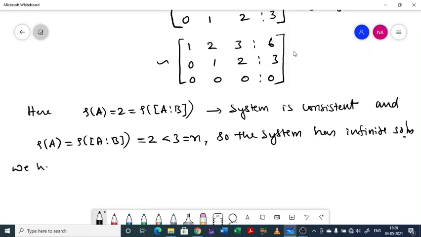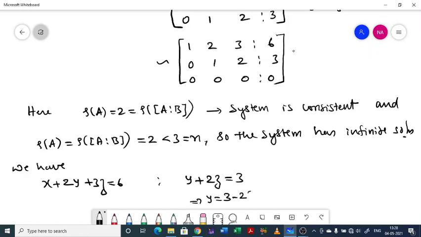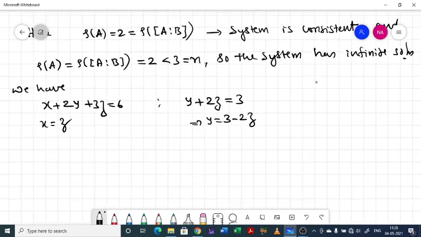So we write the equations: x plus 2y plus 3z equal to 6, and here x is 0, so y plus 2z equal to 3. From this y equals 3 minus 2z, and substituting that and simplifying, we get x equal to z.